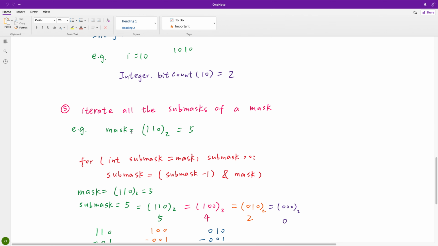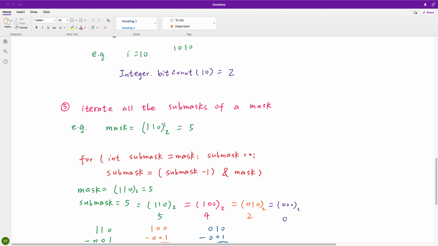Let's see an example. If mask equals 110 in binary, in decimal it represents 6. So how do we iterate all the submasks? In this number, we only have 2 bits set, that is the first and the second bits.